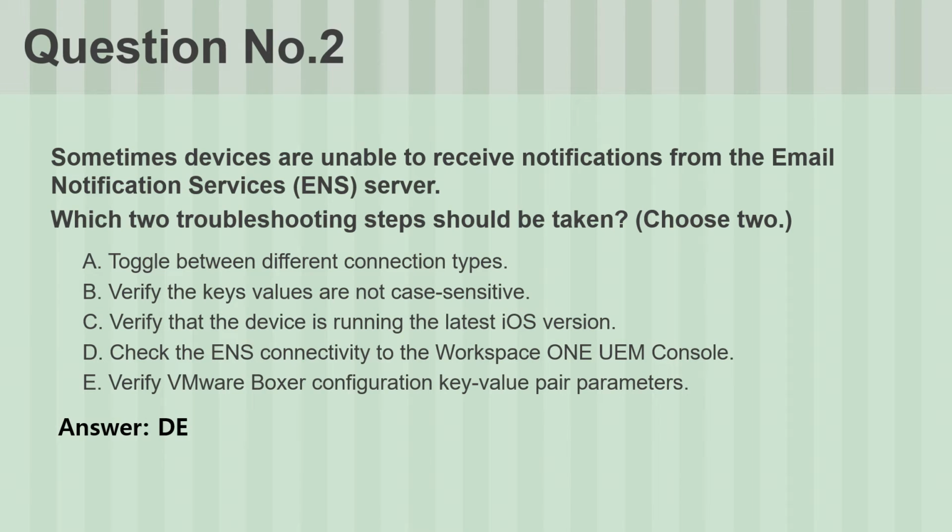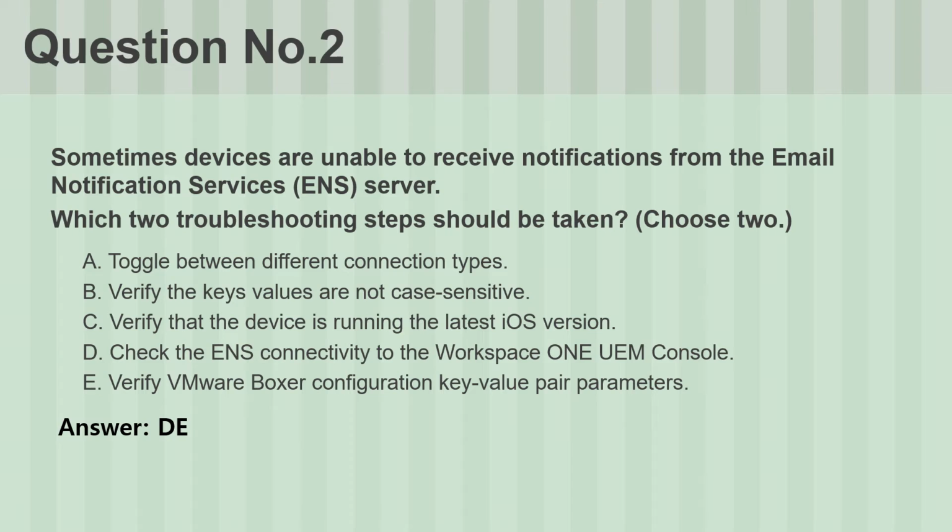Question number 2. Sometimes devices are unable to receive notifications from the Email Notification Services (ENS) server. Which 2 troubleshooting steps should be taken? Choose 2. A. Toggle between different connection types.